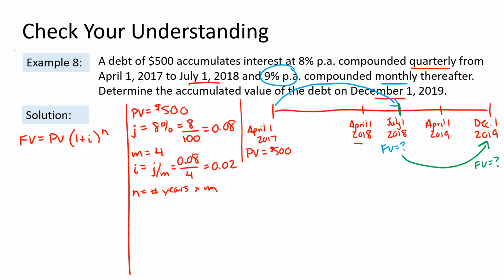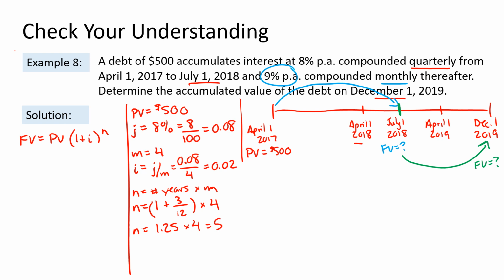And then we count the months: April to May, May to June, June to July. So that's 3 more months. So n is equal to 1 year plus the additional 3 months, converted to years by dividing by 12, and that's multiplied by our number of compounding periods per year, which is 4. If you add these together, you get 1.25 multiplied by 4 gives us a value of 5.